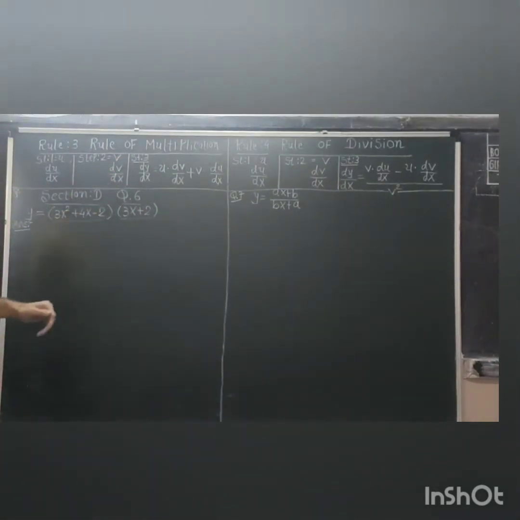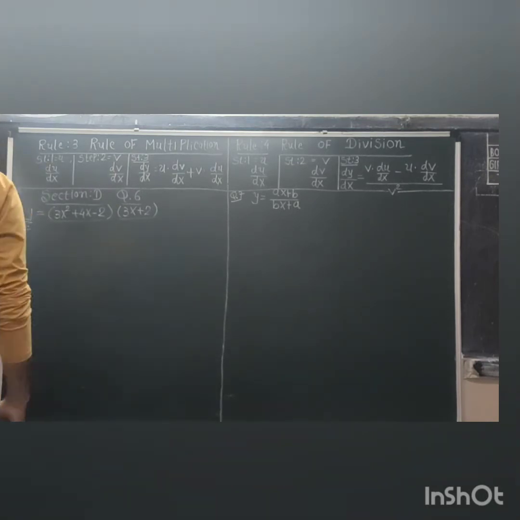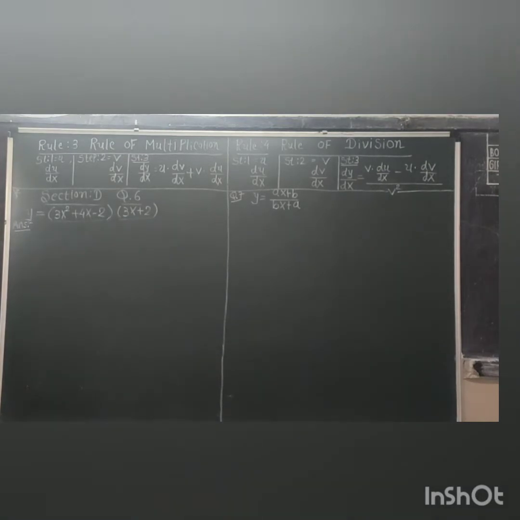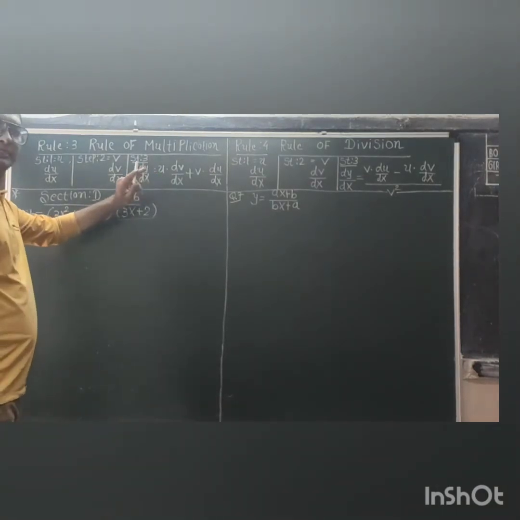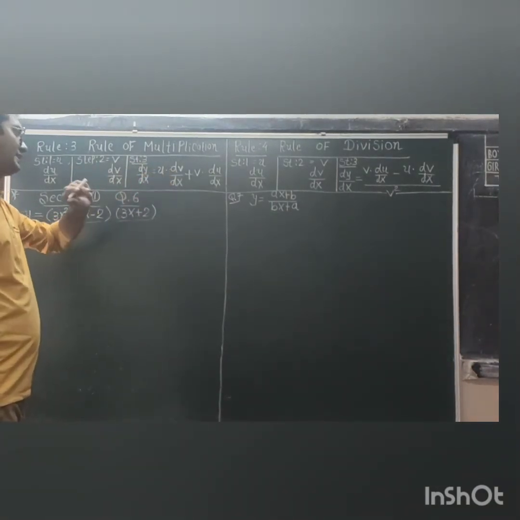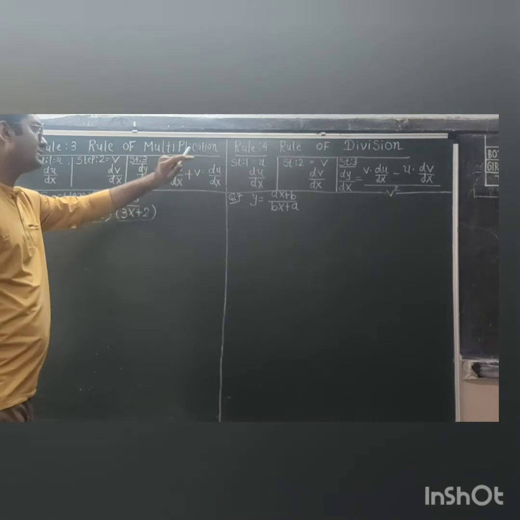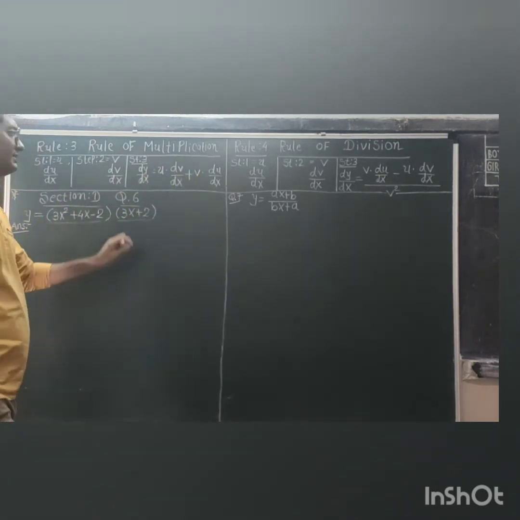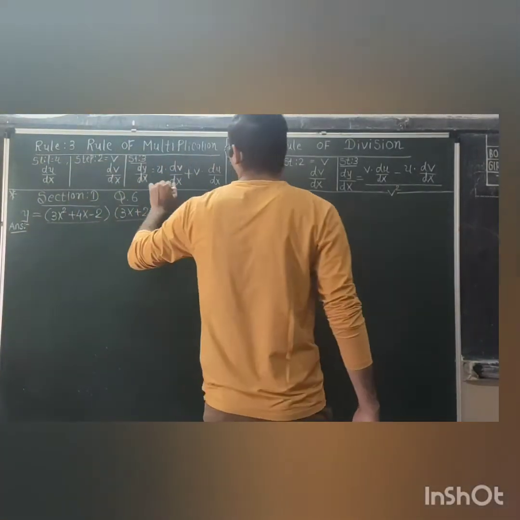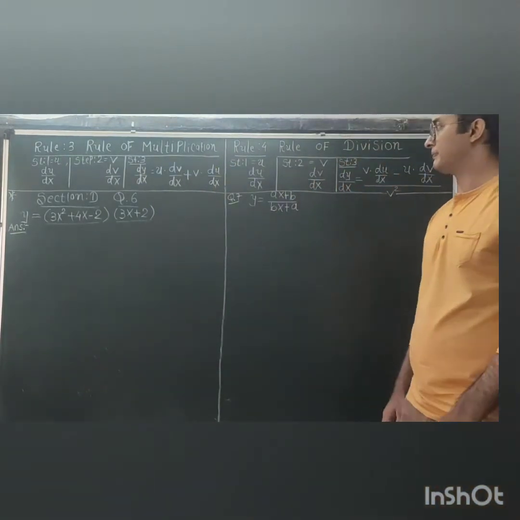Now step 3, dy upon dx. So how can we find dy upon dx? There is a specific formula: dy upon dx is equal to u into dv upon dx plus v into du upon dx. This is the main formula for the rule of multiplication.